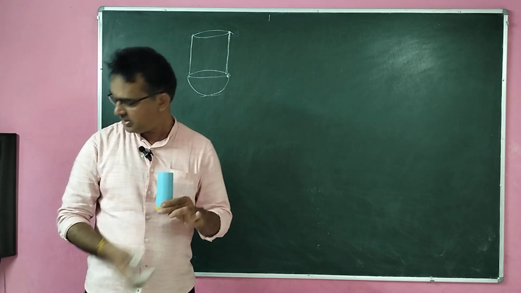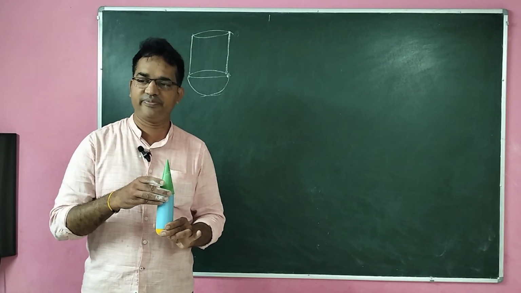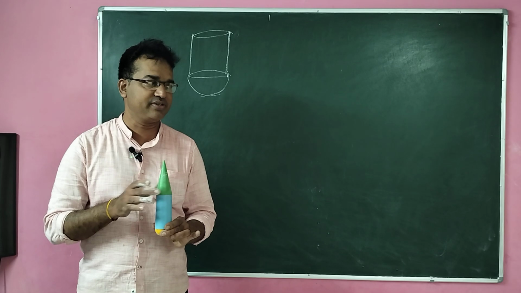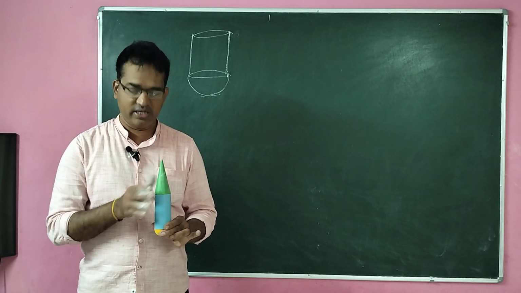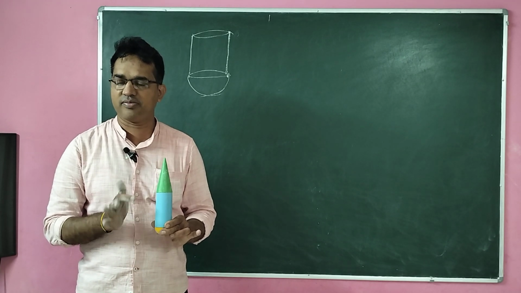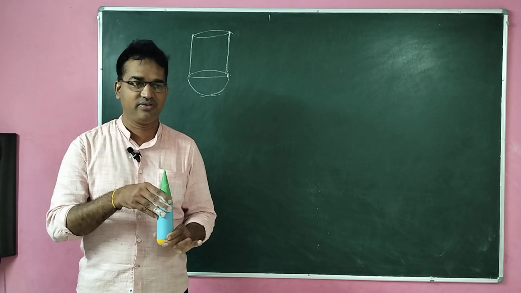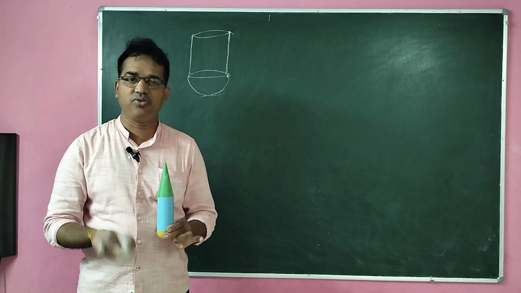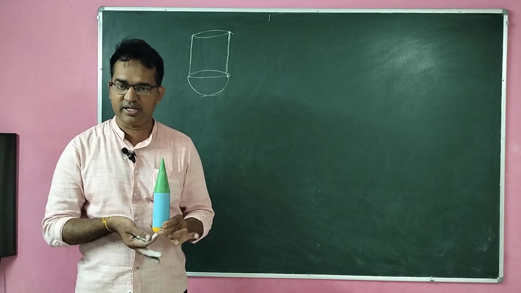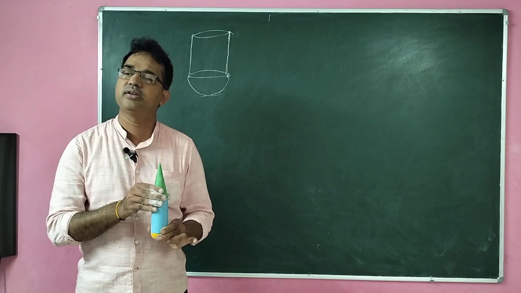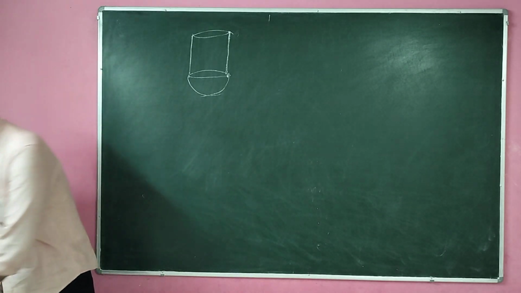Sometimes a combination of three solids is also possible: hemisphere, cylinder, cone. Hemisphere is surmounted by cylinder, and cylinder is again surmounted by cone. In active voice, cylinder is surmounted on hemisphere, and cone is surmounted on cylinder. Mostly understood. This is a very important wording.